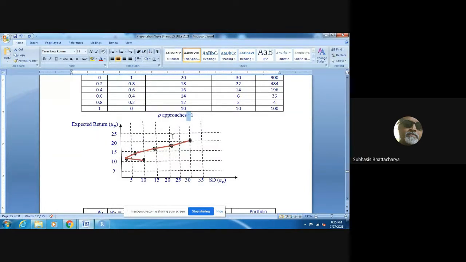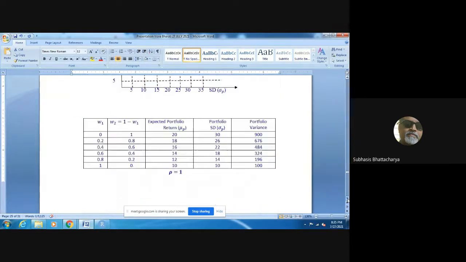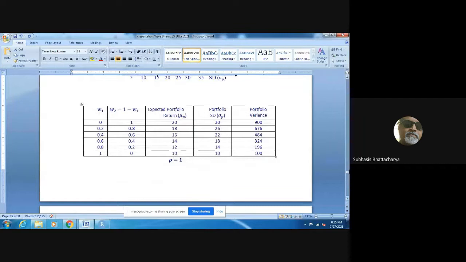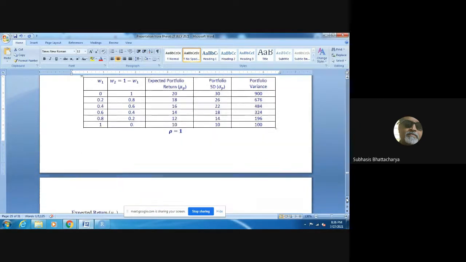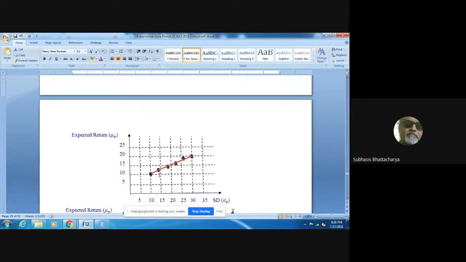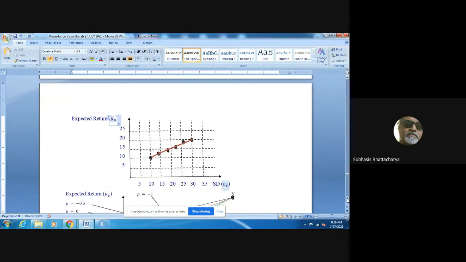If I change the correlation to +1, with the same combinations, I found the figure looks like this. So this is the relation between sigma p and mu p, because different values of sigma p and mu p are put there.